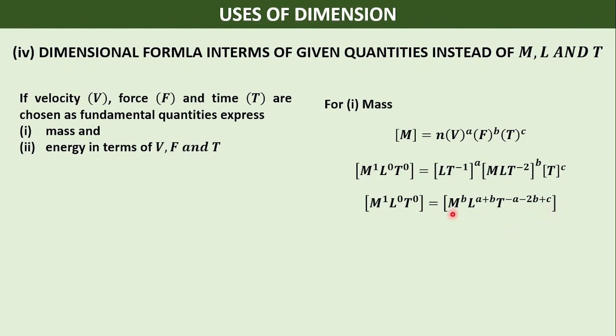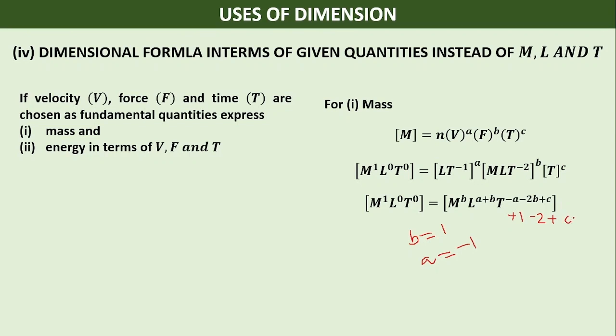Right? When we compare the power of M, what do we get? b becomes 1. When b is 1, then a plus b equals 0, so a equals minus 1. Correct? So here minus 1 is substituted for a, so it becomes plus 1. Then minus 2b with b as 1 gives minus 2, so we get 1 minus 2 plus c.